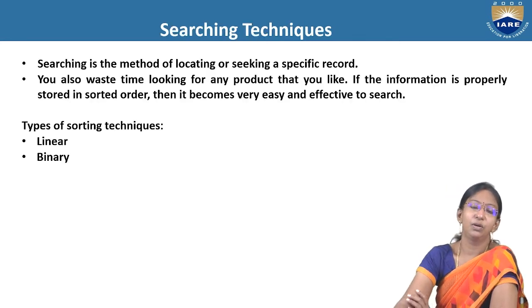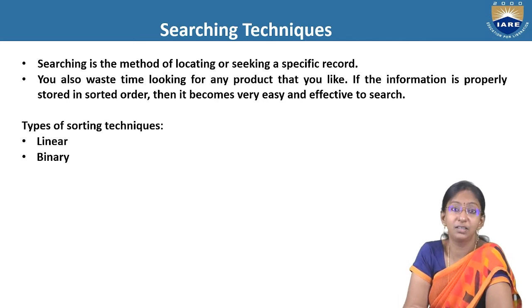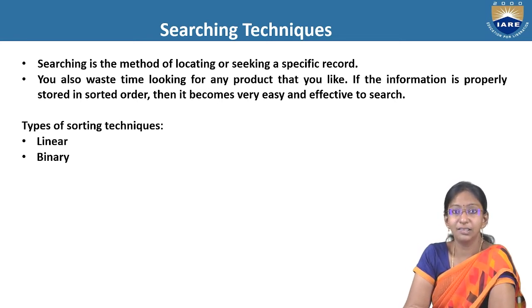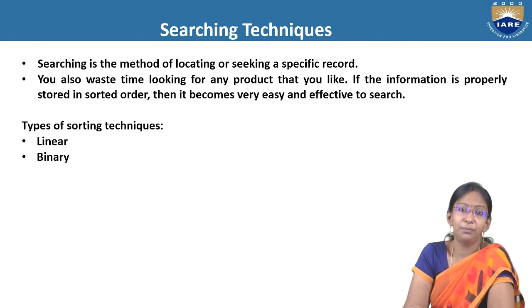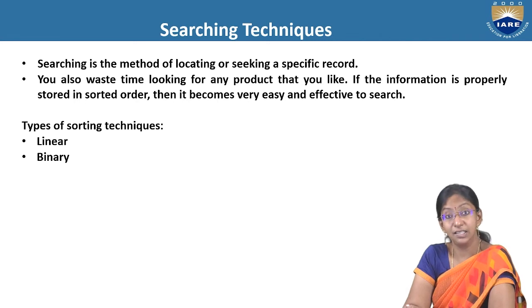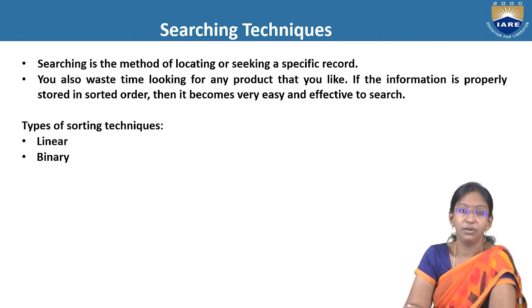Okay, so let's go with the searching techniques, for which I'm going to show you the algorithm as well as a small animation of how it is going to work. Searching is a basic operation of data structures where we look for an element and check whether it exists or not, and if it exists, at which position it is.